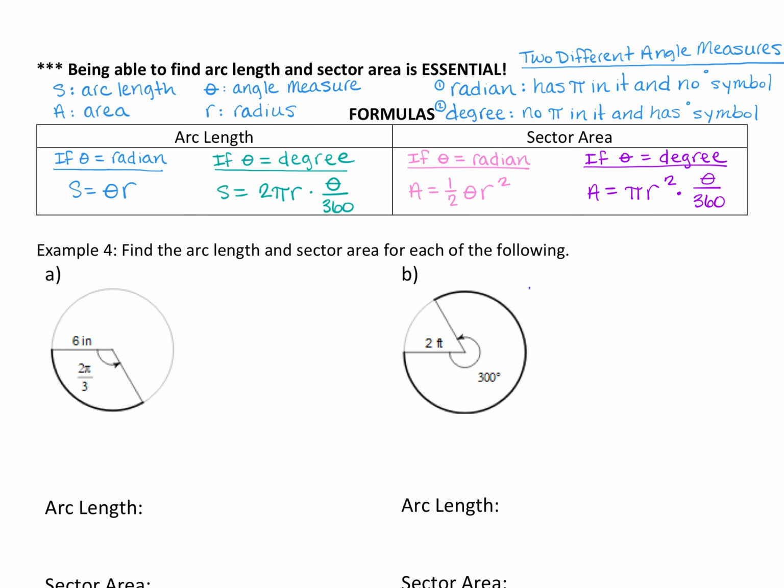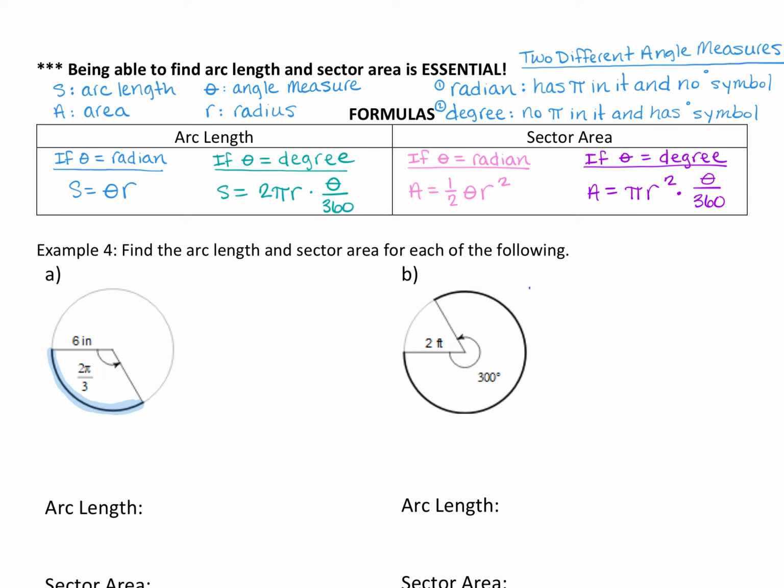Now, instead of finding the circumference all the way around the entire circle, we want to find just a little bit, just a piece of that circumference. So this blue piece right here. Instead of saying circumference, we call this the arc length. We want to find the length of the arc.